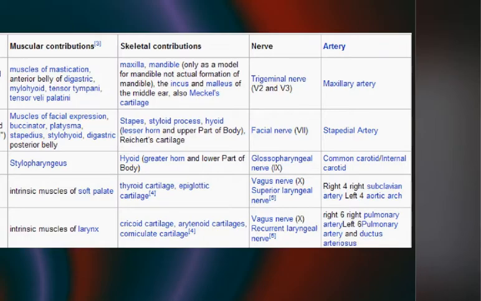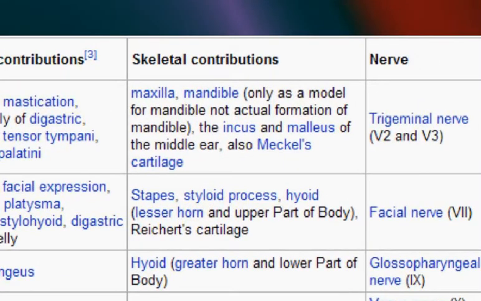So we should notice here that the maxilla meant here is the maxilla proper. Mandible, all of the mandible is derived from the mandibular process of the first pharyngeal arch, and the maxilla proper is derived from the maxillary process of the first pharyngeal arch.